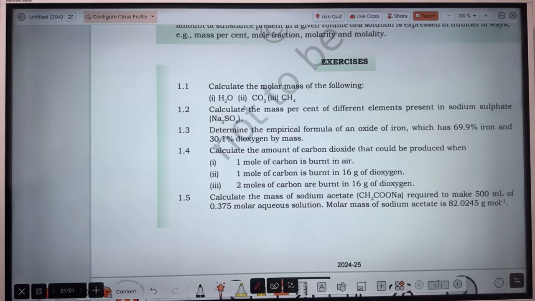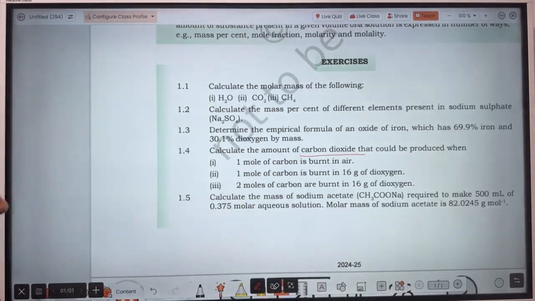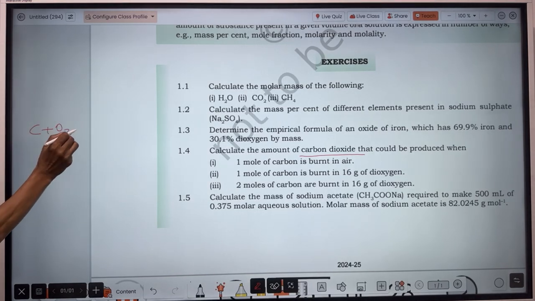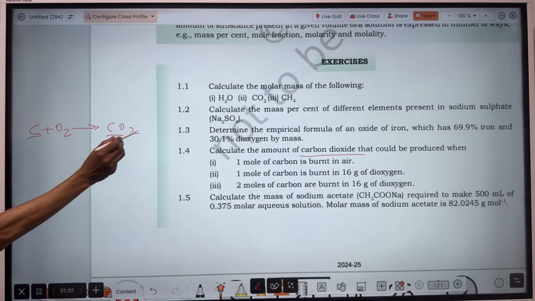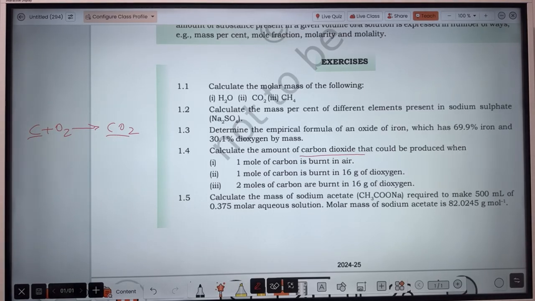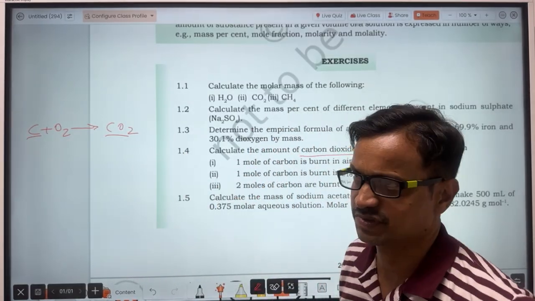Very simple: you have to find out how much carbon dioxide will form when 1 mole of carbon is burnt in air. So 1 mole carbon burnt in oxygen gives CO2. Obviously 1 mole carbon gives 1 mole CO2. This equation is already balanced. If the reaction is not balanced, then you will have to balance the equation.